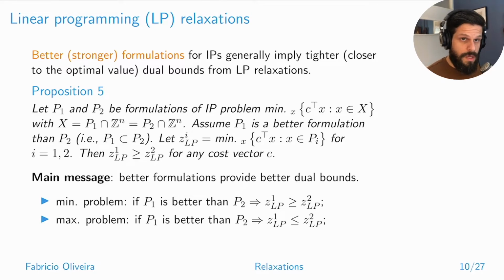So the better the relaxation you start with, the less enumeration you have to do, and less enumeration means fewer LPs to solve, and solving fewer LPs means solving it faster, more efficiently, and so on. All right.